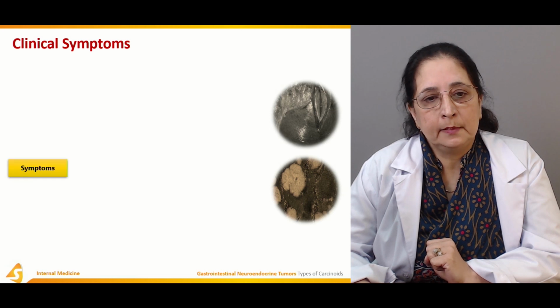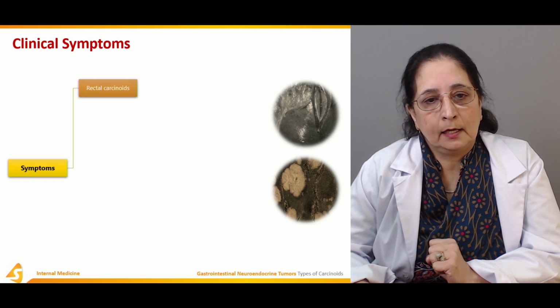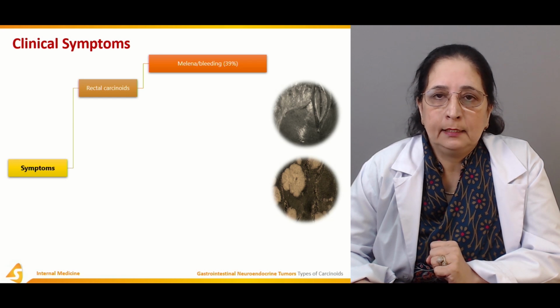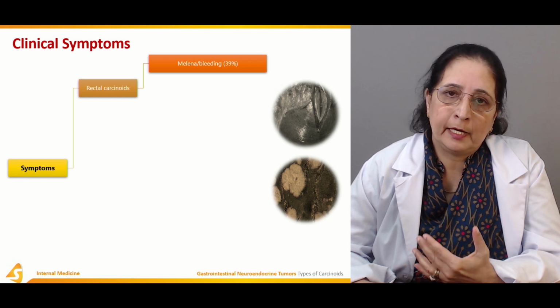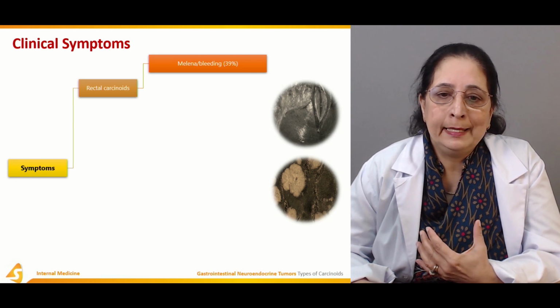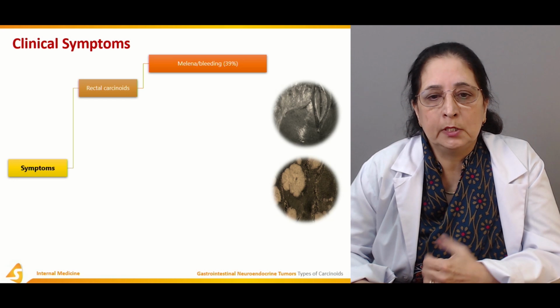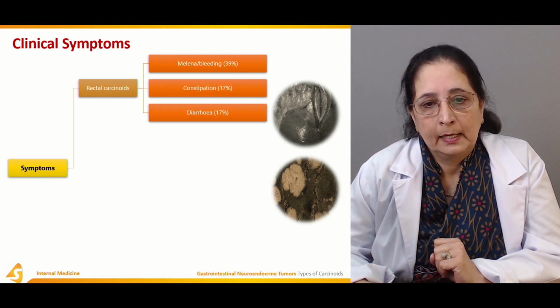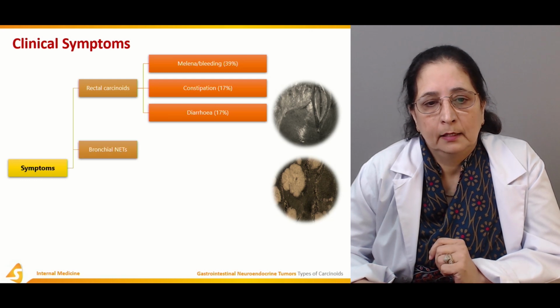Clinical symptoms of the rectal carcinoid: we have melena bleeding, 39%. If the rectal carcinoid is present, bleeding per rectum or melena in the stools is common. Constipation is present. Diarrhea.